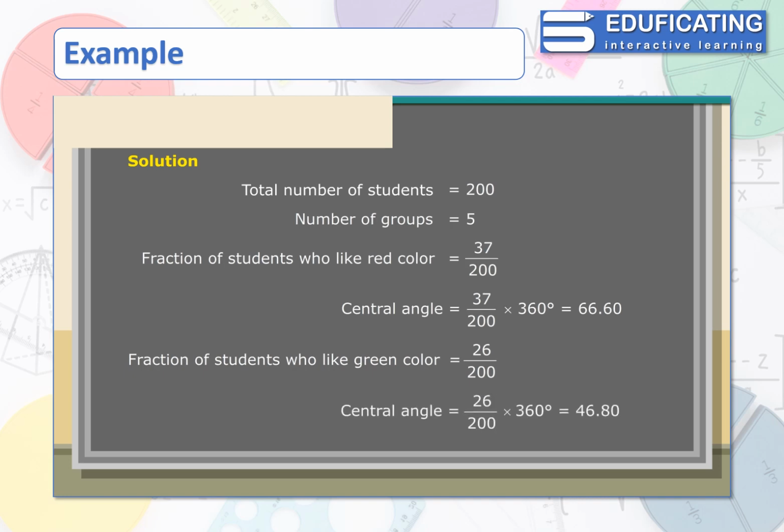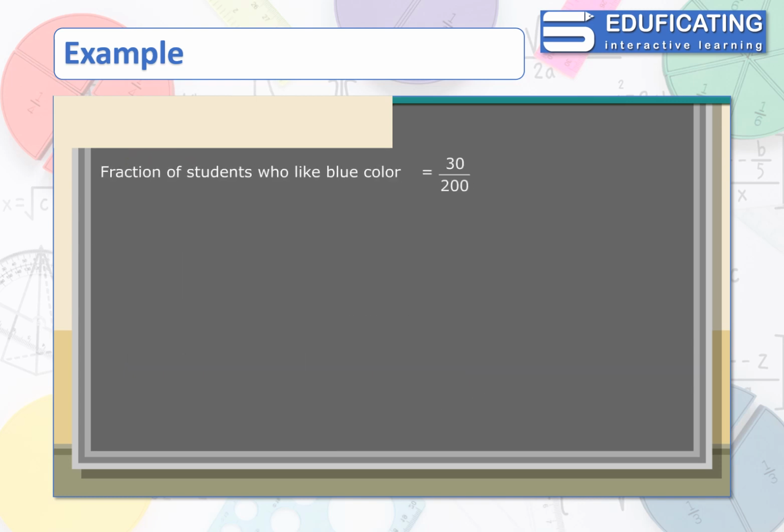Central angle is equal to 26 upon 200 times 360 degrees, which equals 46.8 degrees. Fraction of students who like blue color is equal to 30 upon 200. Central angle is equal to 30 upon 200 times 360 degrees, which is equal to 54 degrees.